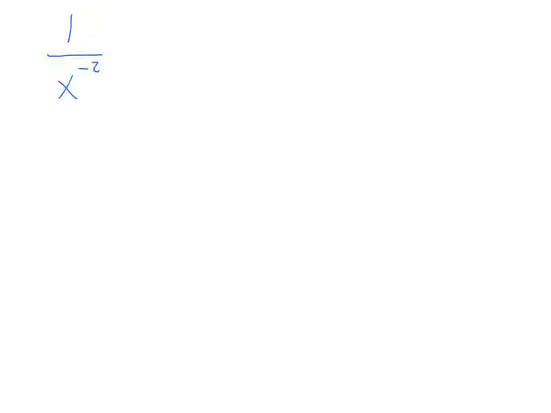We're supposed to flip them. In our problems, we're going to make sure that there are no negative exponents. So we just take this term and flip it to the top. So it would be x squared over 1. Okay? So the negative flips to the opposite side. If it's at the top, it goes to the bottom. If it's at the bottom, it goes to the top.